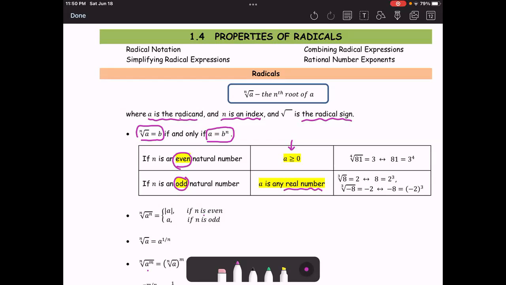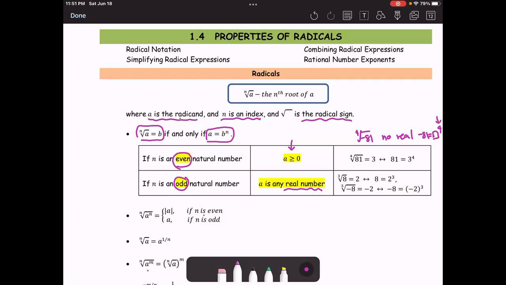For example, the fourth root of 81 equals 3, which is equivalent to the statement 81 equals 3 to the power 4. But for the fourth root of negative 81, there is no such real number that would make the statement negative 81 equals some quantity raised to the fourth power, because the fourth power means the quantity multiplies itself 4 times.